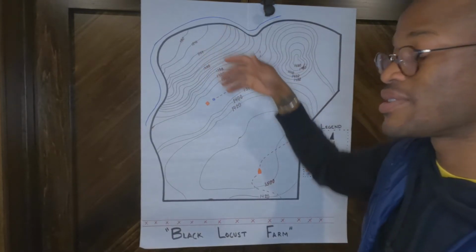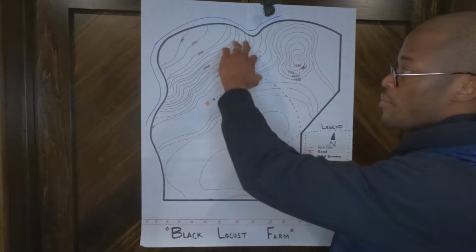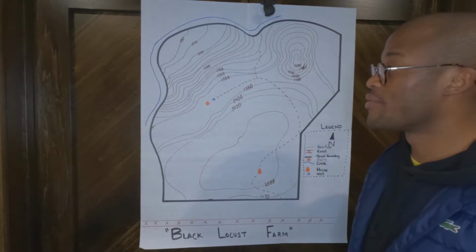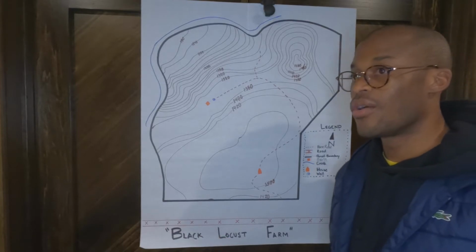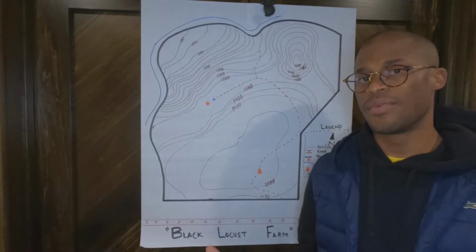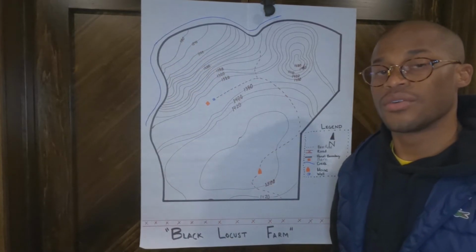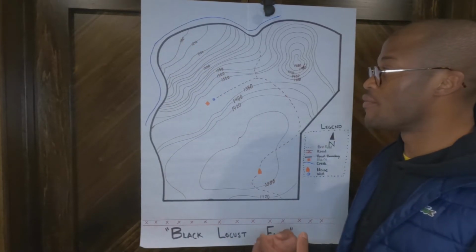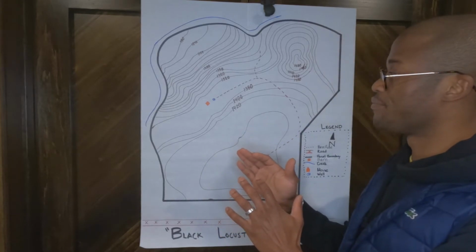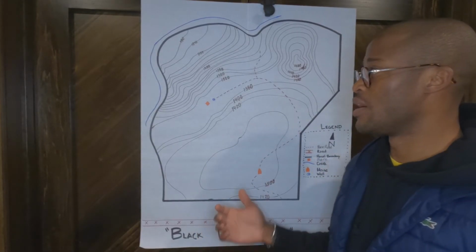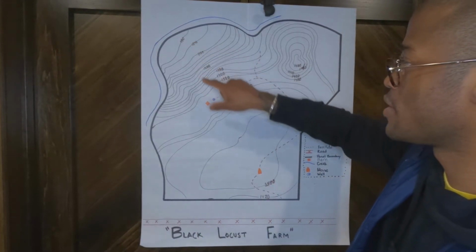So that's increments of 20 feet per one of these lines. However, depending on where you are or what equipment was being used to measure that map, these could all be 100 feet apart. So it's important to find the numbers of the topographical line. They won't always be stacked up like this.